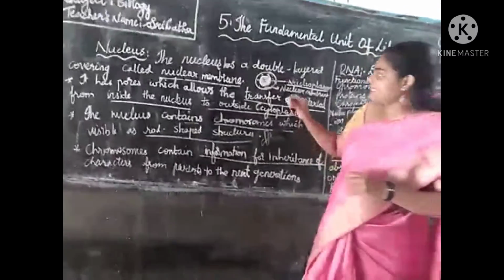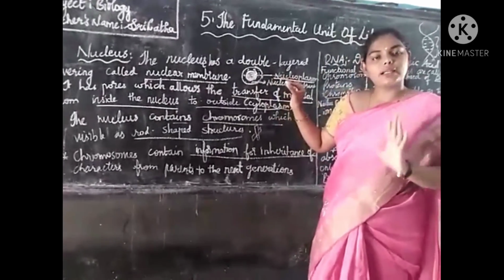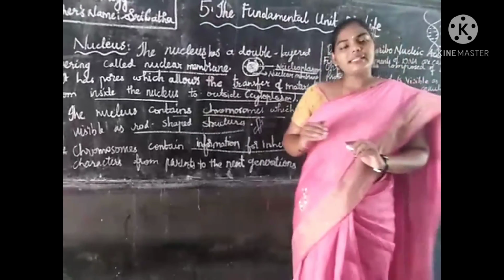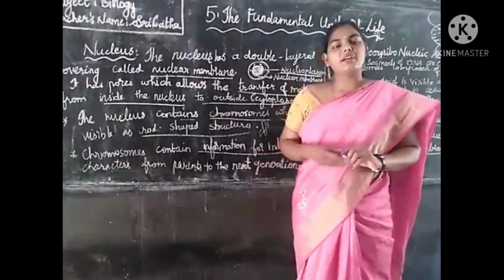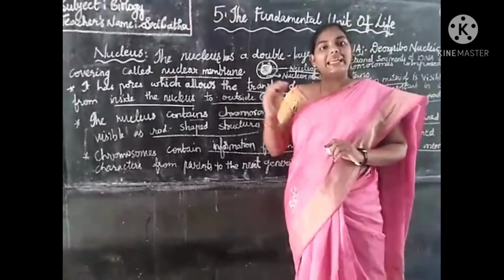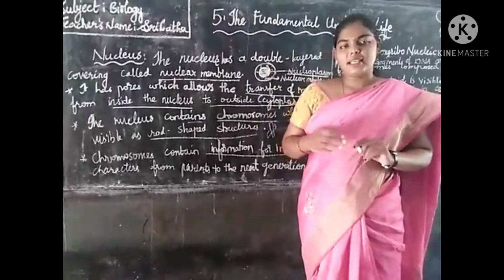Inside the nucleus there are chromosomes, which appear as rod-like structures. There are 46 chromosomes, 23 pairs, which are responsible for the inheritance of characters from parents to offspring, the next generation.